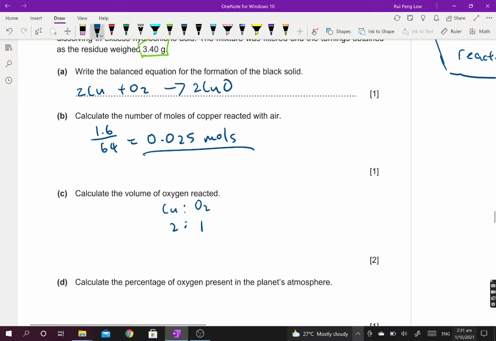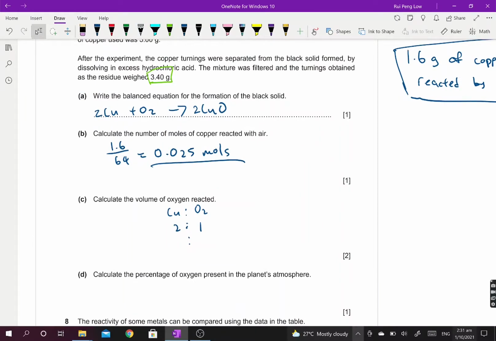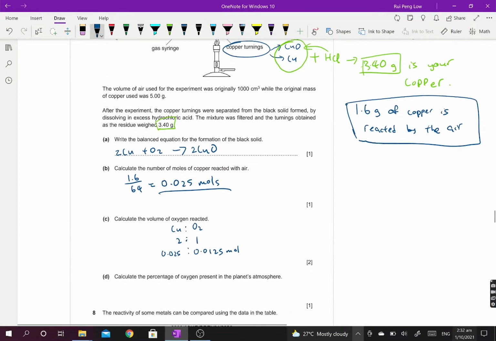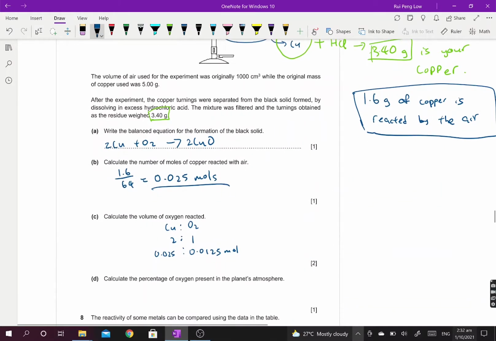And then, therefore, copper is 0.025, and hence this will be 0.0125 moles.